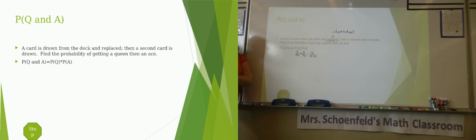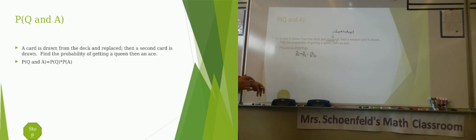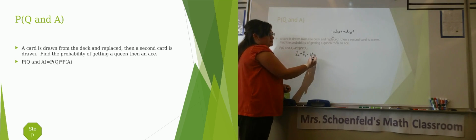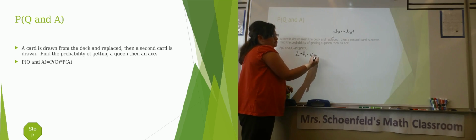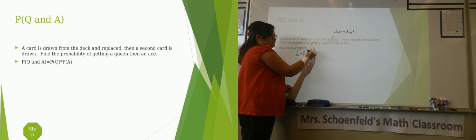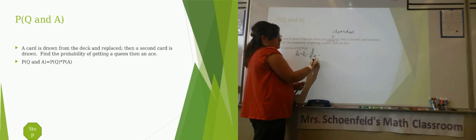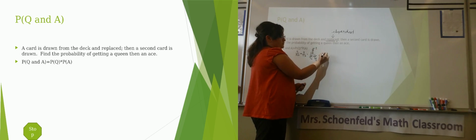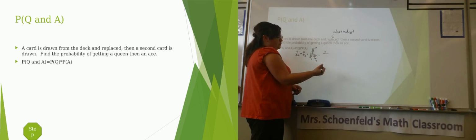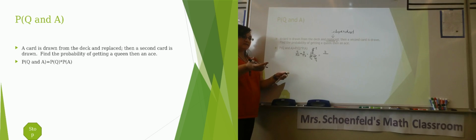If you wanted to reduce it here, if you have a calculator, you can just use the fraction function. Otherwise, you can reduce it by saying, okay, 2 goes into these. That would leave me with 26 and 4, and 26 would go down to 13 and 2. So I could have 2 over whatever 26 times 13 is.